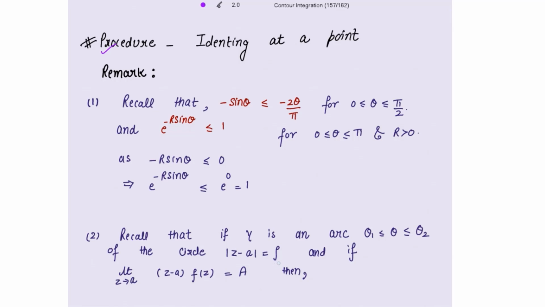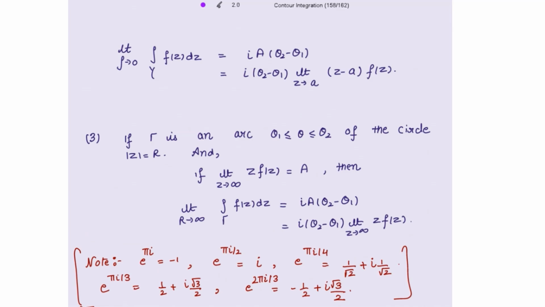This rho is the radius of the circle, and if limit z tends to a of z minus a times f of z is equal to A, where this small a is your pole, then limit rho tends to 0 of the integral over gamma of f of z dz is equal to iota A times theta 2 minus theta 1. Now putting the value of A over here, it is iota times theta 2 minus theta 1 times limit z tends to a of z minus a times f of z. This we will solve in the solution.